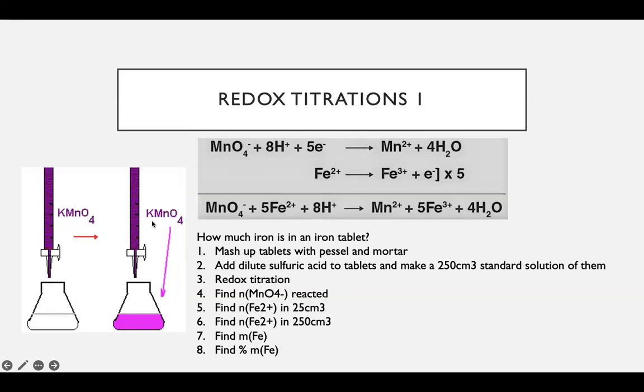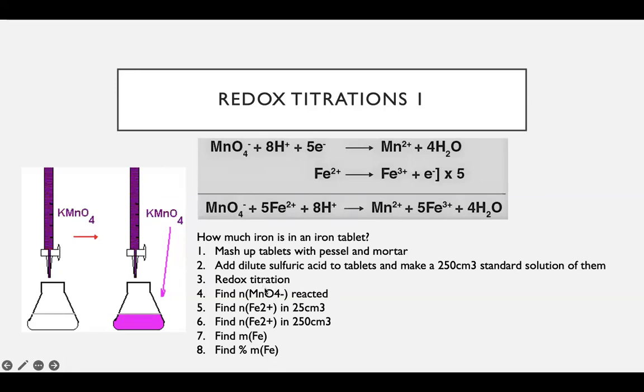Using this equation that we would have generated using the AS knowledge on the previous few slides, we can work out the moles of iron that have reacted, because we know the stoichiometry, the big numbers: 1 manganate 7 reacts with 5 iron 2 pluses. Therefore, let's say 1 mole of permanganate was used in this reaction, 5 moles of Fe2 plus must be used to exactly react with it.